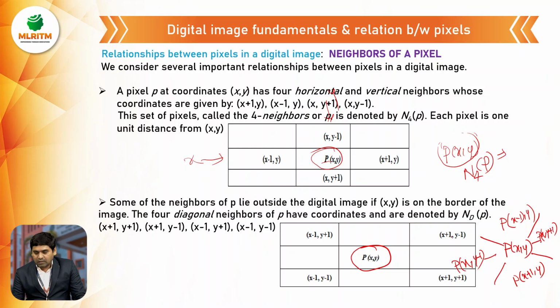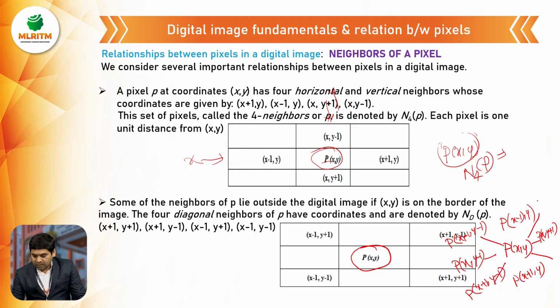Similarly, for the diagonal, top left is p of x minus 1 comma y minus 1, and down left is p of x plus 1 row and y minus 1 column.